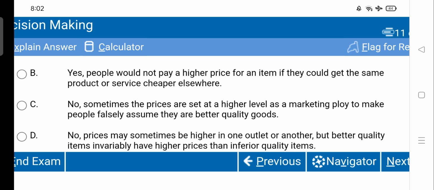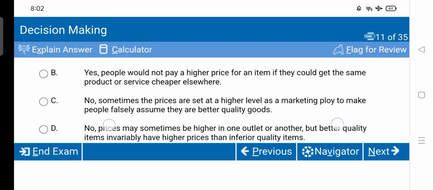Option D, no, prices may sometimes be higher in one outlet or another, but better quality items invariably have higher prices than inferior quality items.